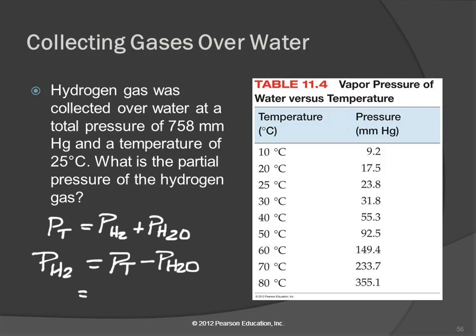Well, the total pressure was given to us, 758 millimeters of mercury. The pressure of water, we look up in this table. The vapor pressure of water, the temperature is 25 degrees, so here's 25, and there's the vapor pressure, the partial pressure of water. It's 23.8.